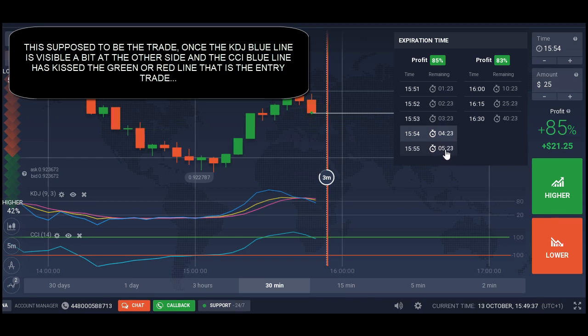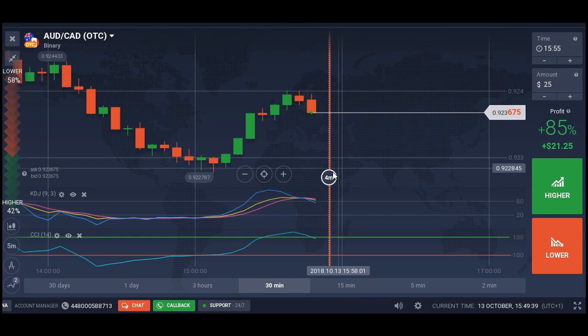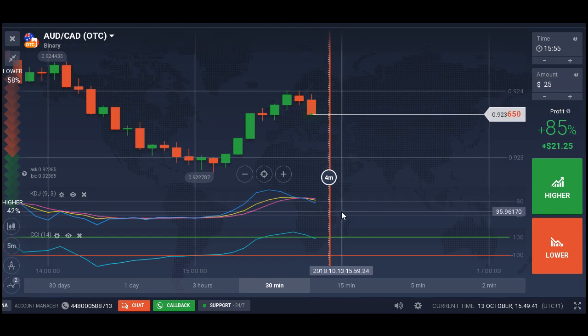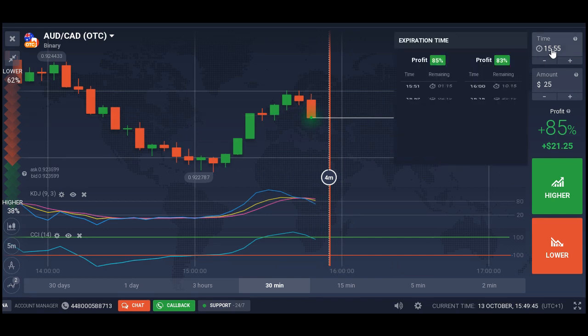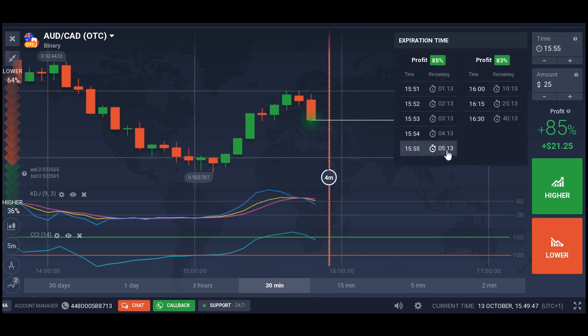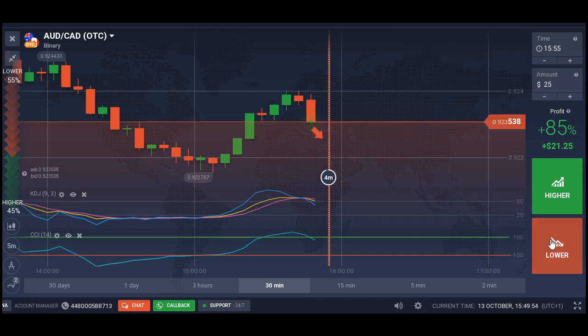Make sure that as the new candle is opening, you don't mix it up. 5 minutes expiration, 5:09. Click on it, just 7 more seconds. Then I'm going to trade.